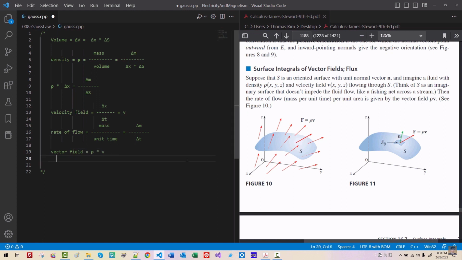Now let's see what it means. Rho is this value, delta M over delta X times delta S, from density.